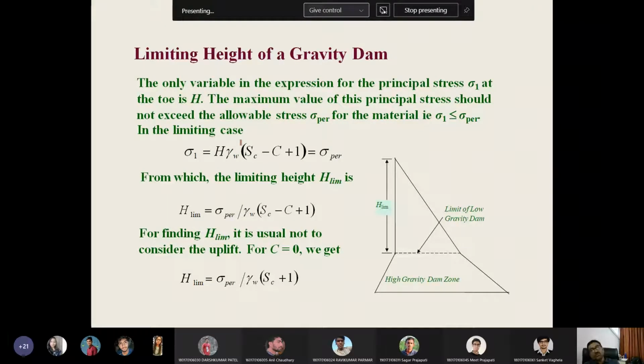Now this is going to be last 2 slides only. Limiting height of gravity dam. Based on our this calculation, that sigma 1 we have arrived at.